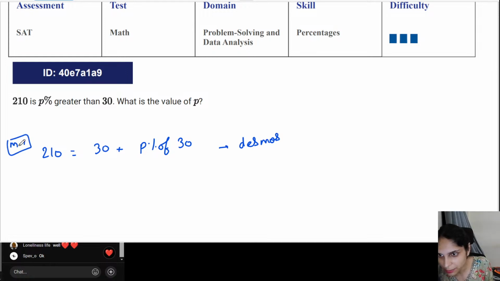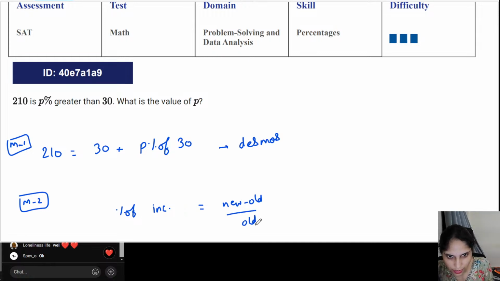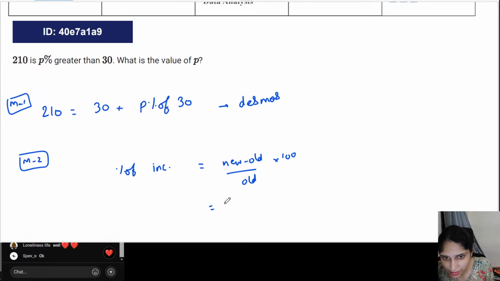Or P% greater, that means P% is your percentage of increase. So you can also use that new minus old divided by old times 100. New is 210, old was 30. 7 minus 1, 6. 600% greater actually.